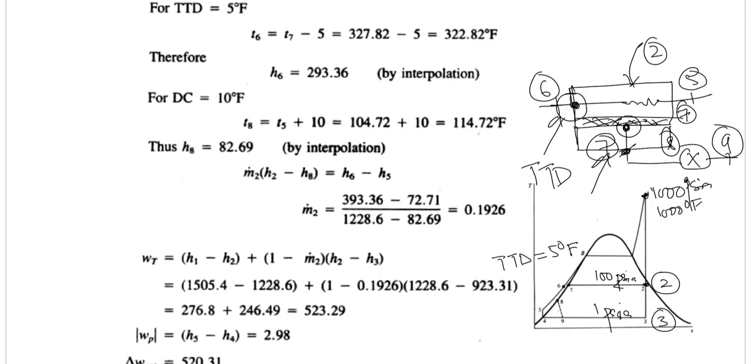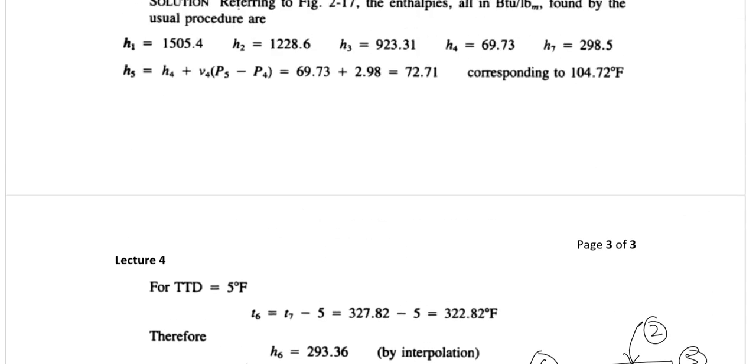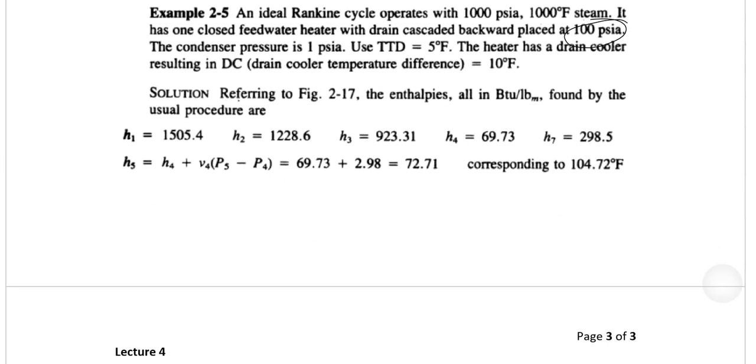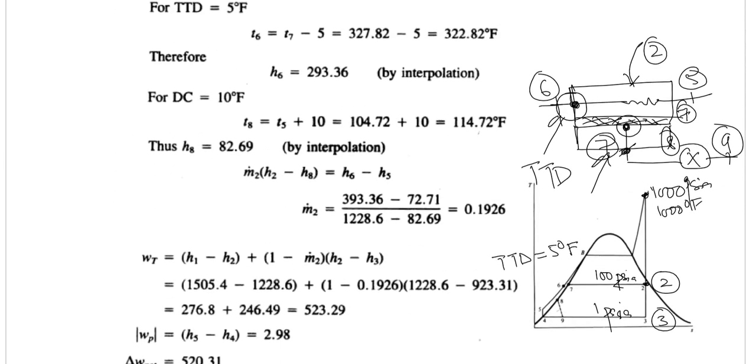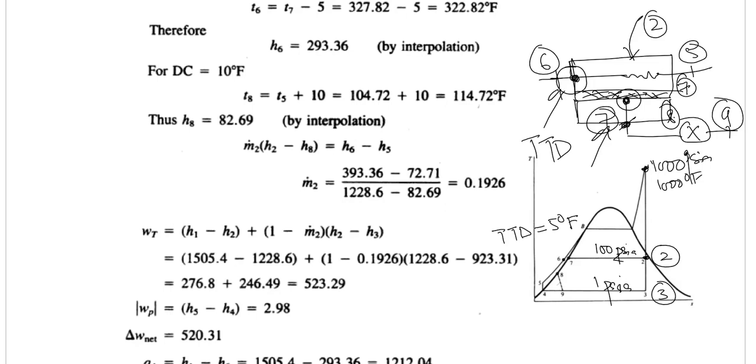Now when we are going from 7 to 8, there is also a temperature difference, what we call the drain cooler temperature difference. That drain cooler temperature difference is the temperature difference between the feed water coming into the feed water heater and the drain leaving it.